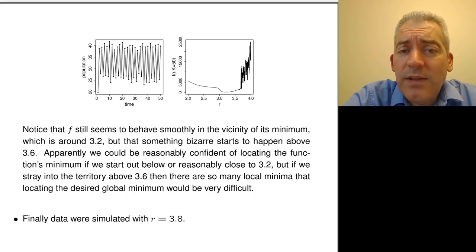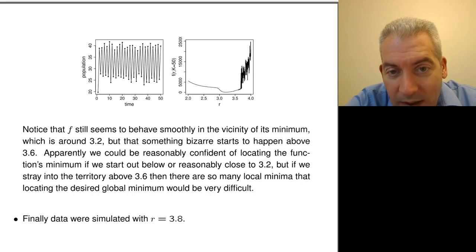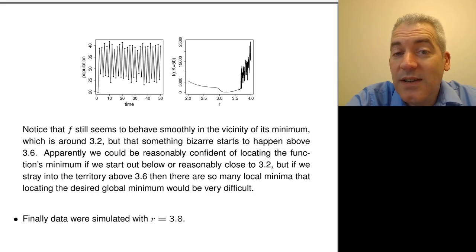But more importantly, when we look at the cost function as a function of R, we see that it's not so nicely behaved this time. It's not a nice smooth function, at least when we get to R values above about 3.6, 3.7. Okay, the cost function becomes very irregular.